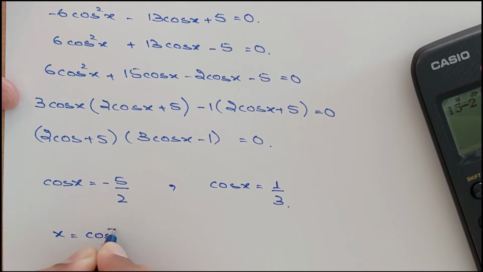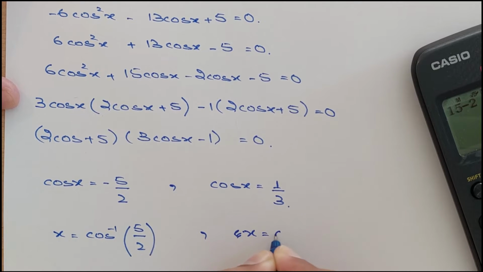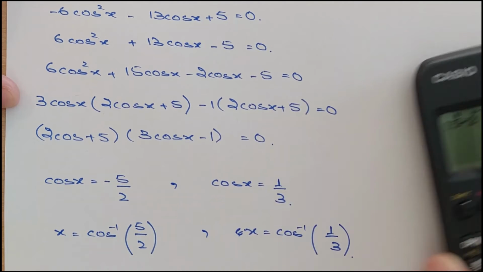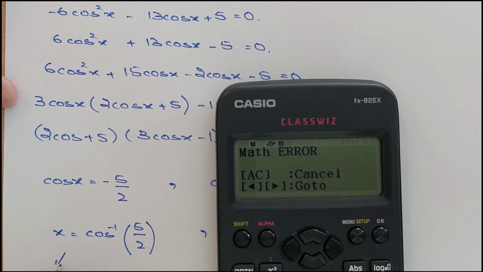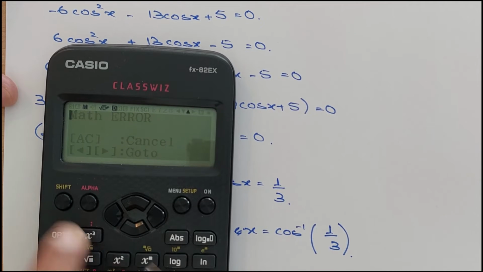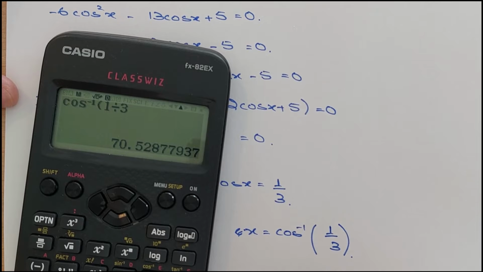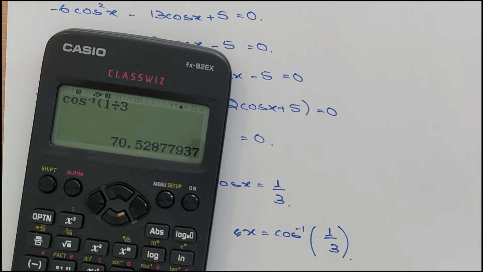Cos inverse of 5 by 2 is undefined, so from here no solution. Cos inverse 1 by 3 gives x equals 70.52.